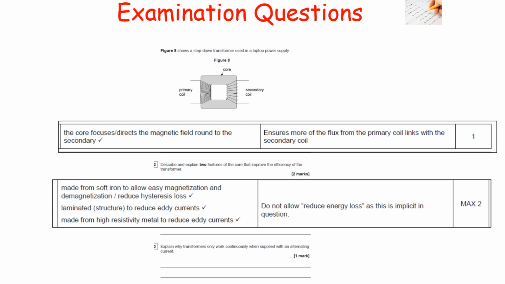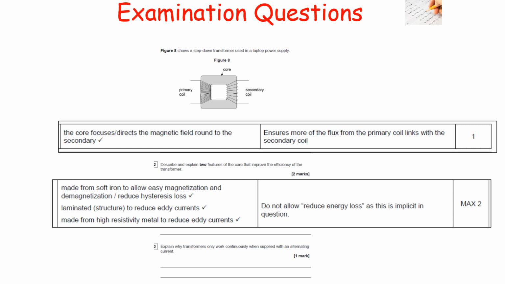And then finally, the same thing was mentioned before, you could make it out of a high resistivity metal, so even though you've got the same induced EMF, the actual eddy current produced is going to be less because it's a higher resistivity material.